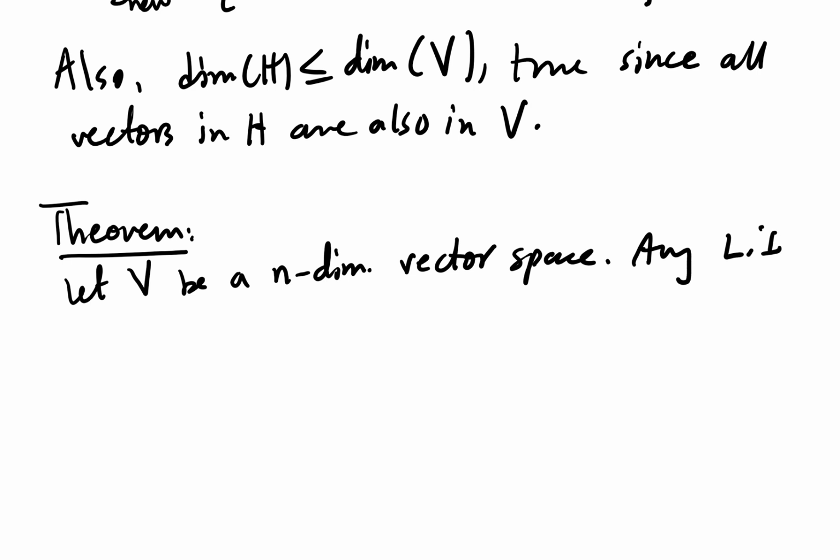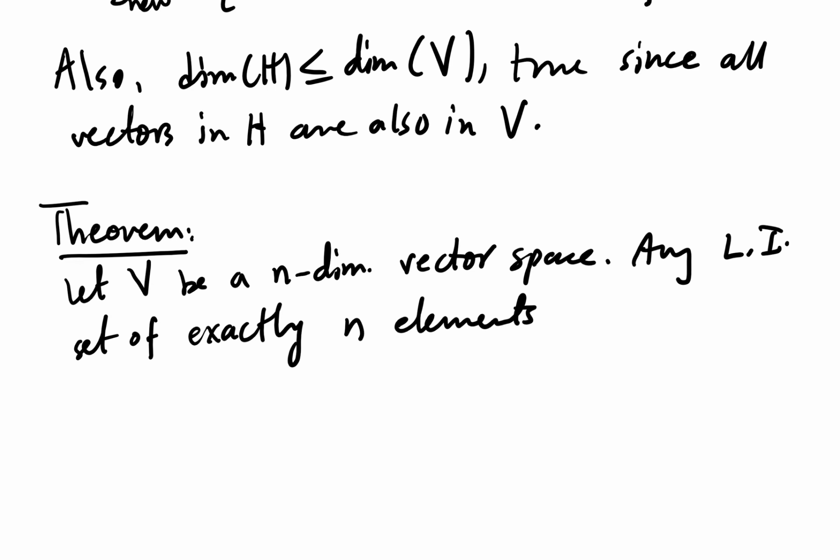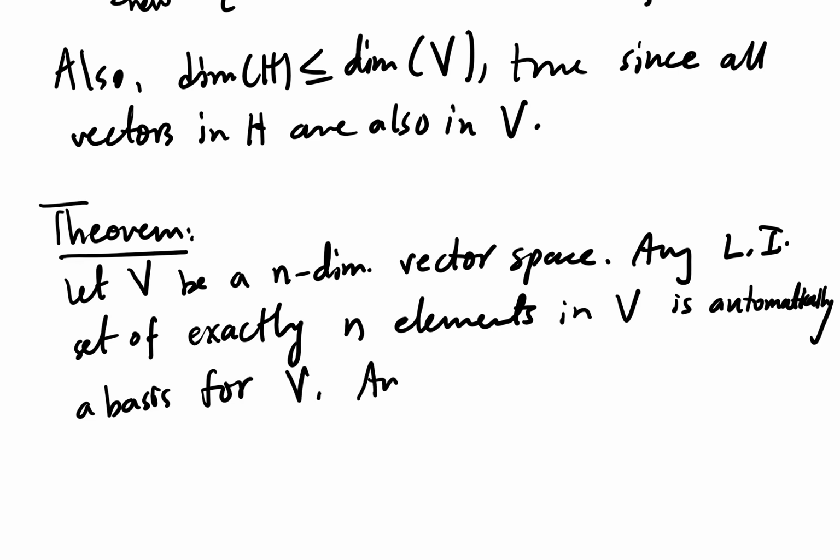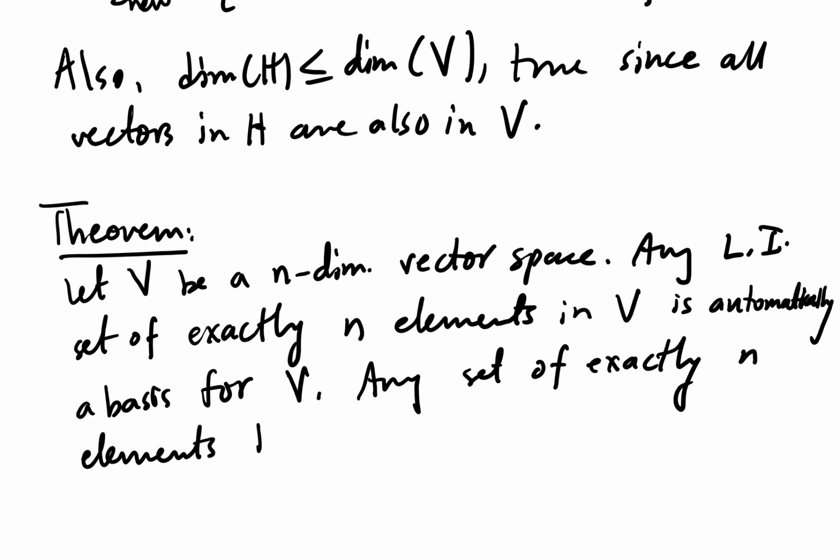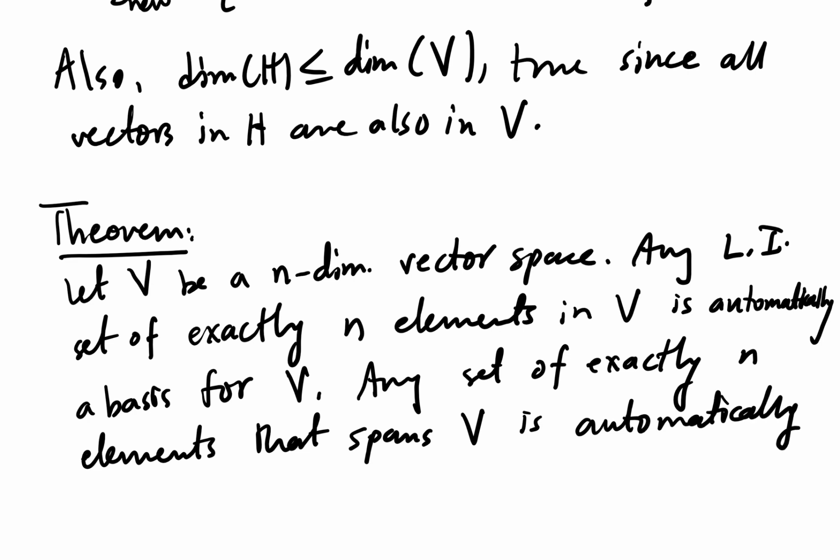Any linearly independent set of exactly n elements in V is automatically a basis for V. Also, any set of exactly n elements that spans V is automatically a basis for V.